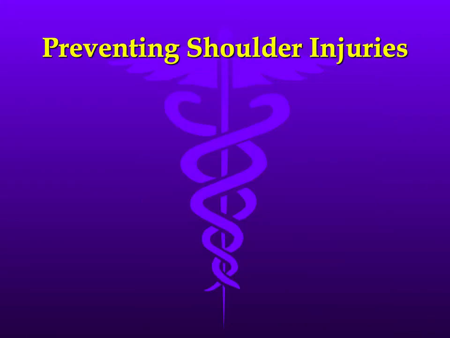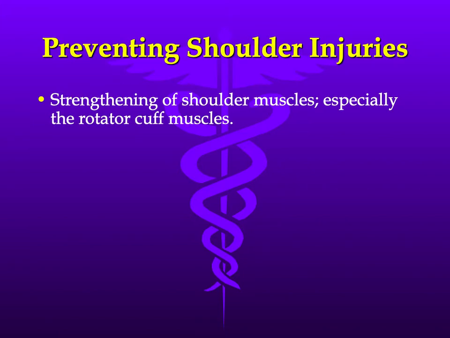How do we prevent shoulder injuries? First is strengthening the shoulder muscles, especially the rotator cuff muscles. Now, the rotator cuff muscles, as you can tell in those pictures, are really small.